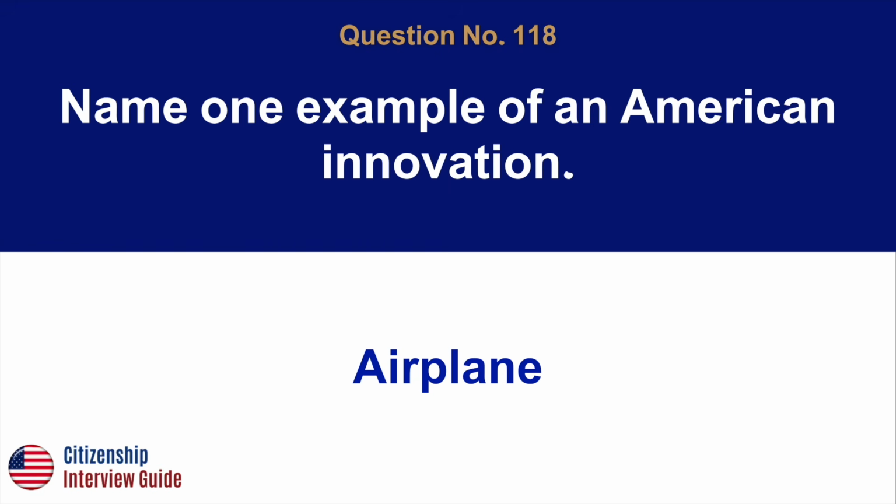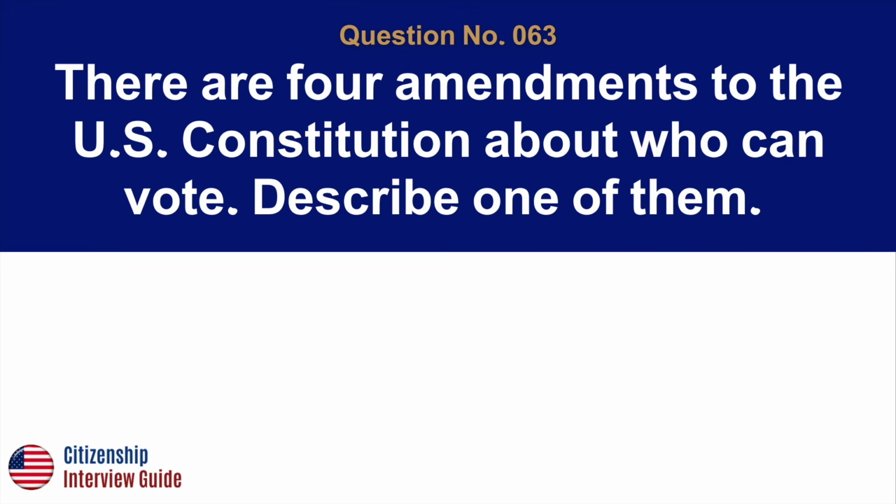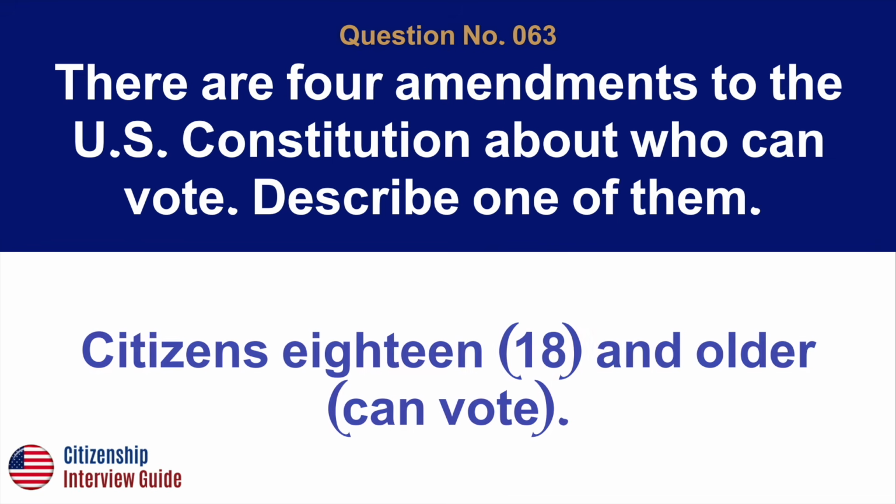Airplane. There are 4 amendments to the U.S. Constitution about who can vote. Describe one of them. Citizens 18 and older can vote.